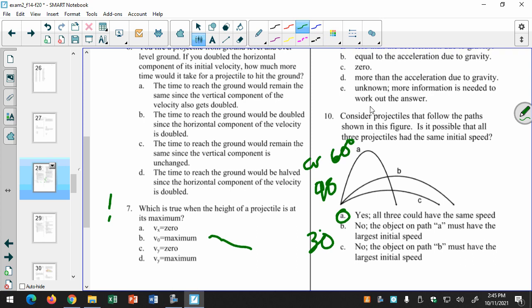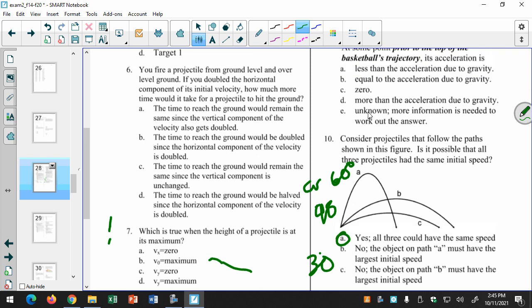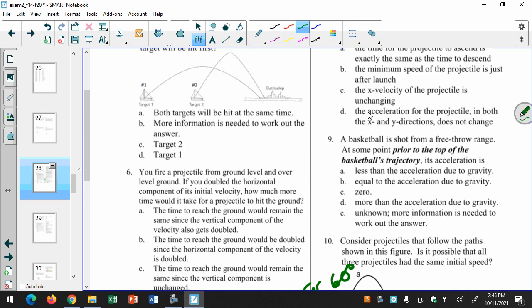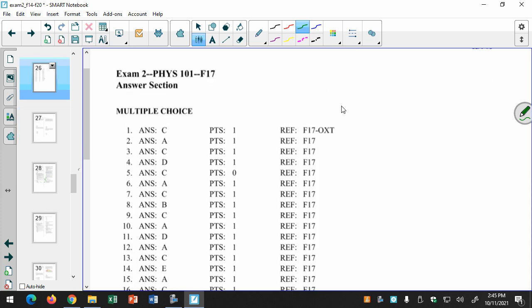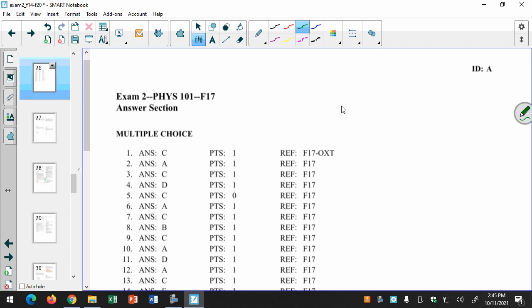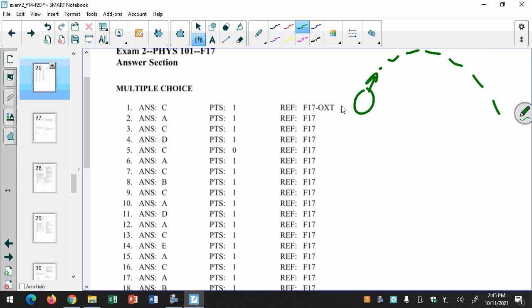So I'm actually terrible at determining graphs, like an x versus t graph. I'm pretty sure there's a graphing problem on it. For projectile motion, if I have a projectile that follows a path like this, this is Vy versus t.